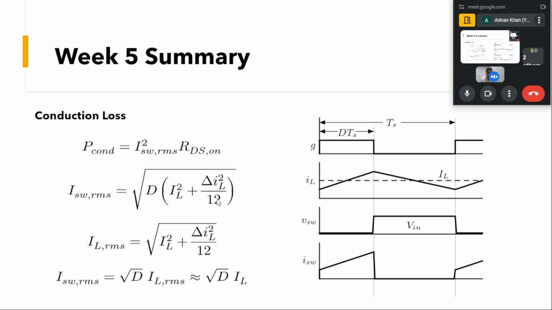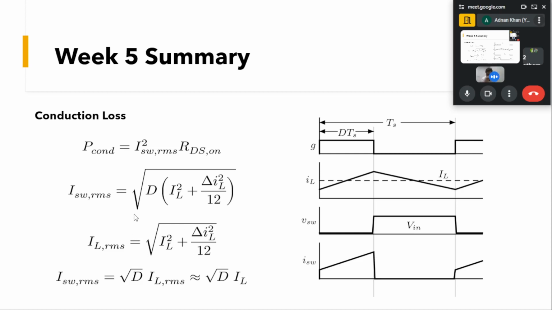This delta IL is the peak-to-peak ripple in our inductor current, and that will flow because we know the switching current I switching will be equal to the inductor current whenever the switch is on. You can see it here as well.